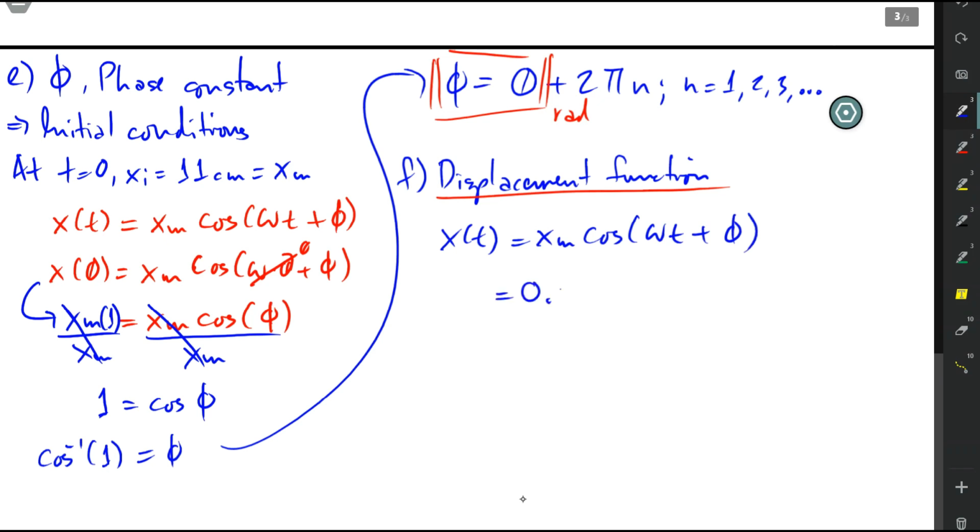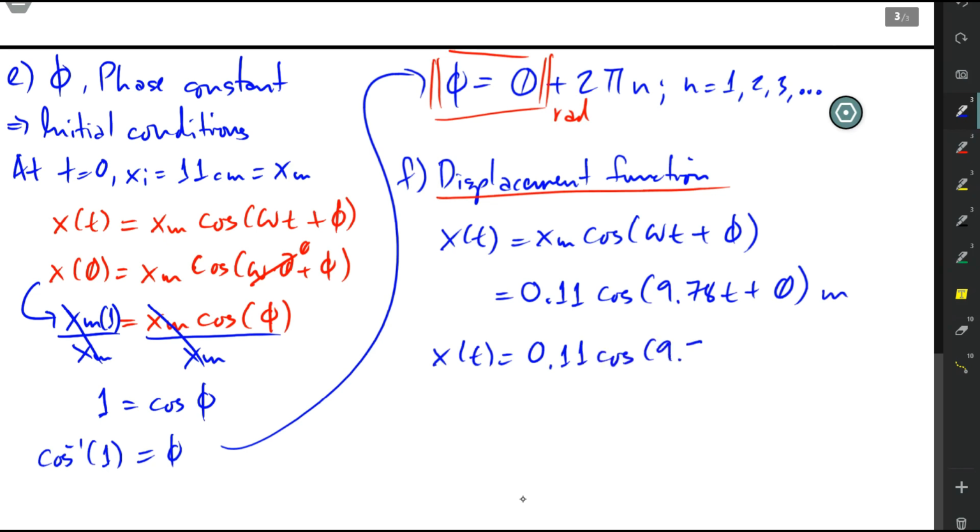Amplitude, cosine, plus 0, and the units of all of this should be in meters. So our final displacement function is 0.11 cosine 78t, in meters.